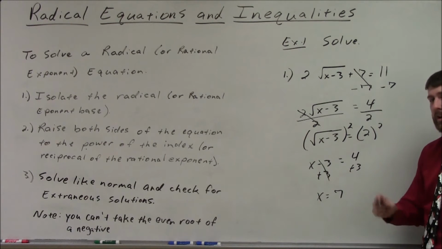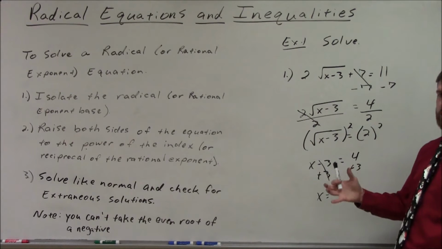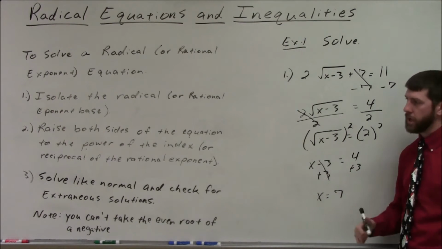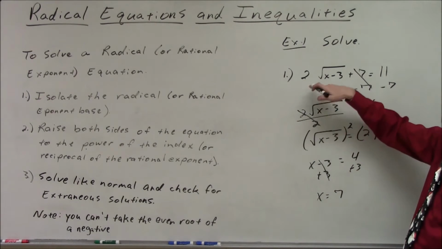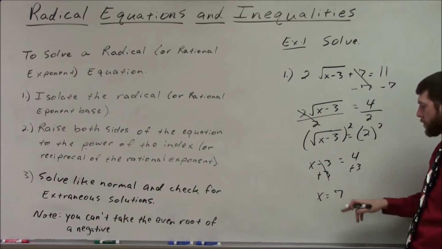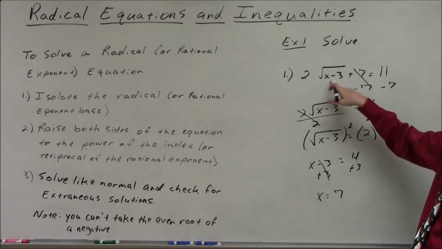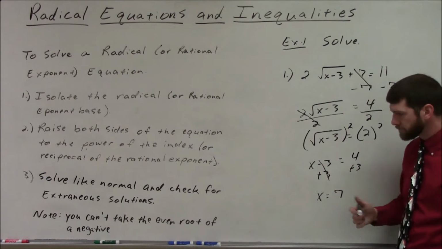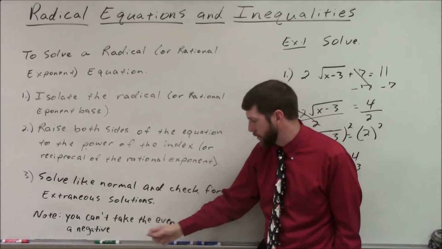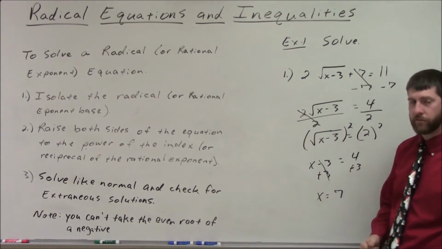And we have to check for extraneous solutions. Remember, extraneous solutions are false answers. Answers that algebraically we have created, but they don't make sense in the context of the problem. So if I was to go back and plug in 7, 7 minus 3 is 4. Square root of 4 is a real number. So it's really going back, remembering you can't take the even root of a negative number.